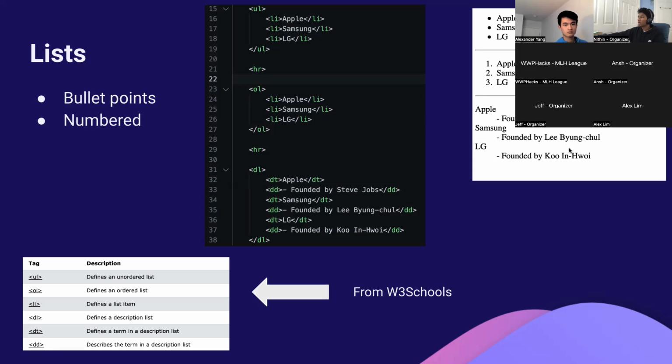Similarly, you can see it for these other two. That's done by using the DT tag, which defines a term, and then this one, the DD tag, describes the description for the term. You can do this over and over again, and you'll get a list similar to what you see up here.